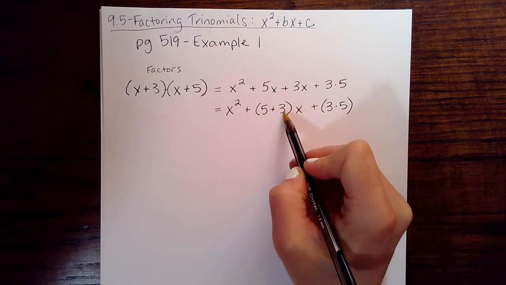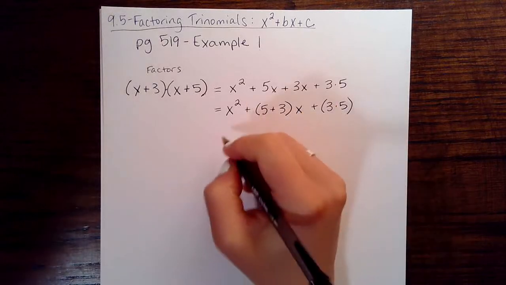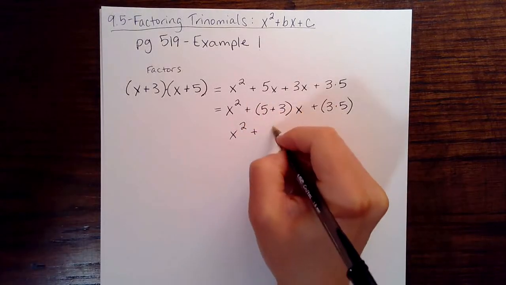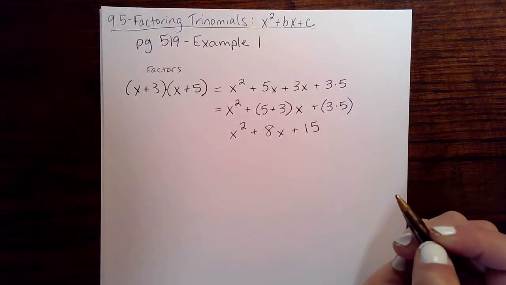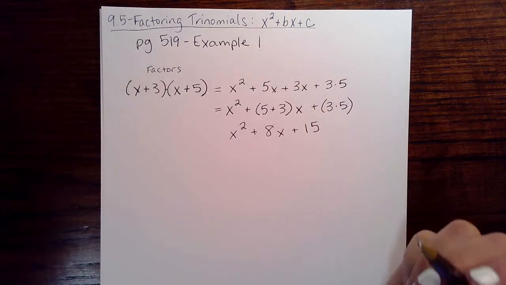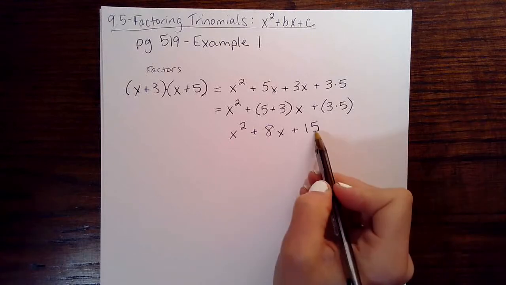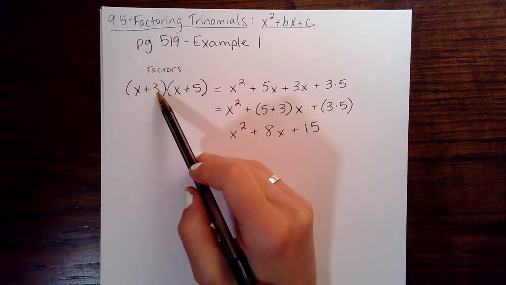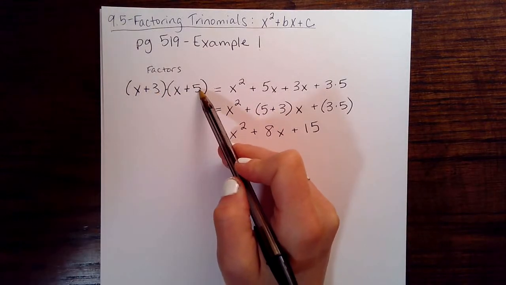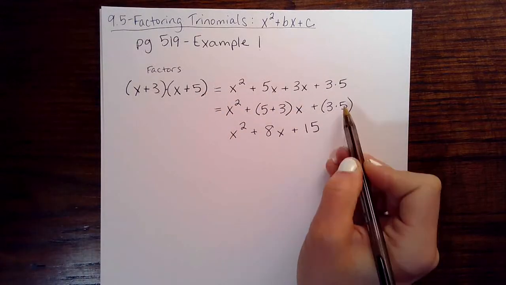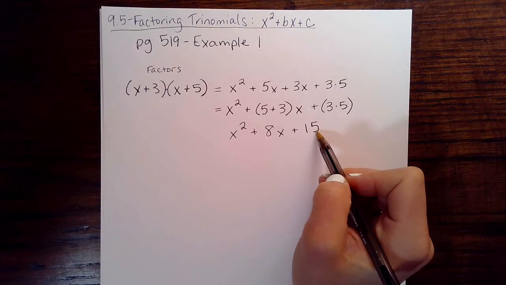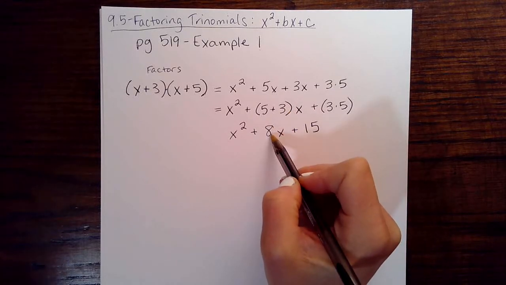We add those two numbers together to be the coefficient for x. So x squared plus 8x plus 15 is our final answer. In order to get there, we had x plus 3 and x plus 5, and those are the numbers whose product is 15 and whose sum is 8.